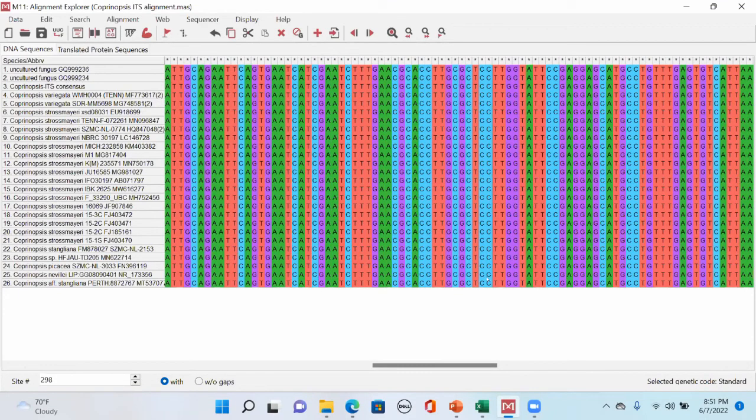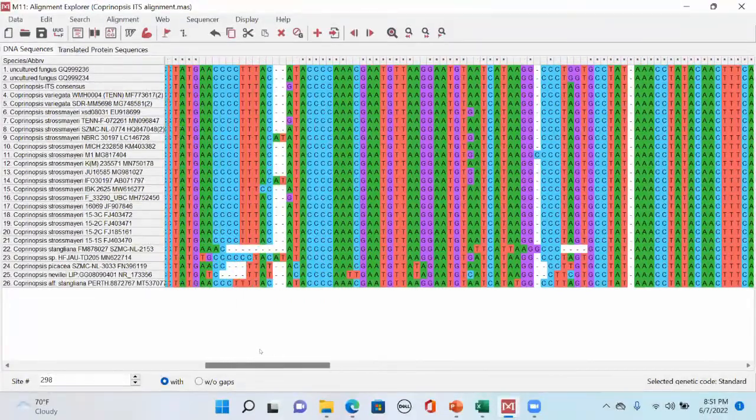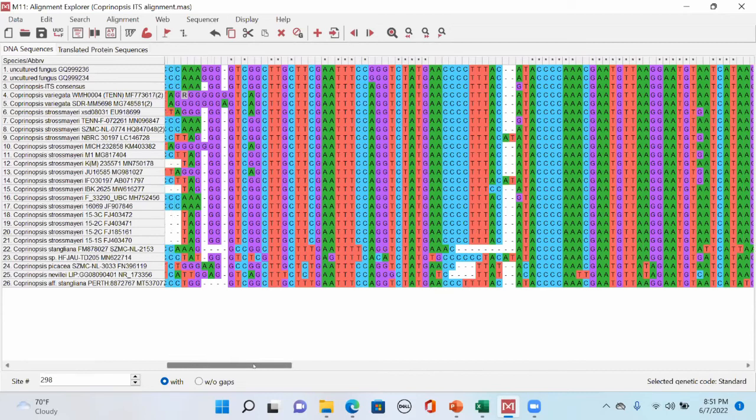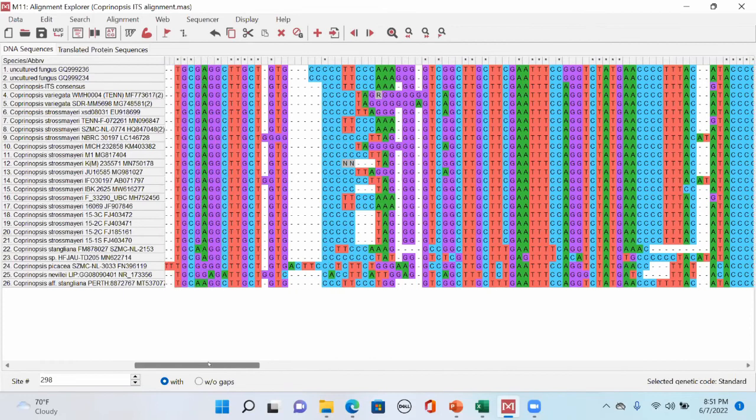You'll have sort of an artifact from the central part because it matches across a lot of species, and you're looking for these single differences that occur in the ITS regions. So you do need to be careful what you're comparing with what.